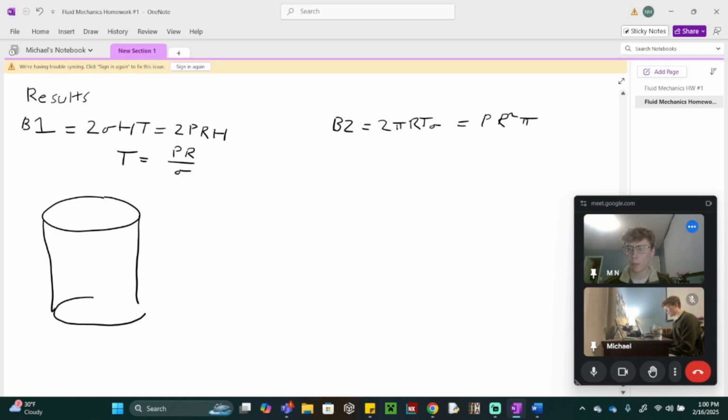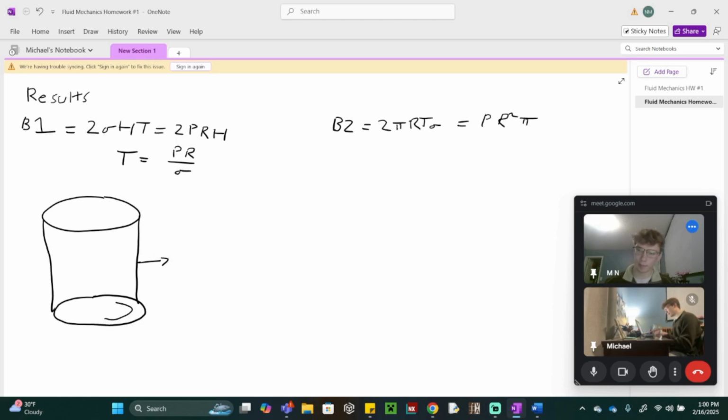And what we did in B1, remember, was we looked at the side surface of our cylinder, and we used an integral to add up all the forces acting in the x component that were pulling our cylinder apart.